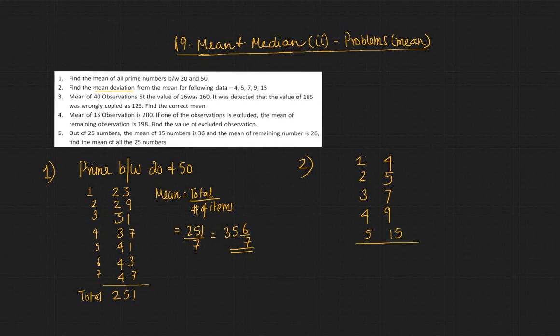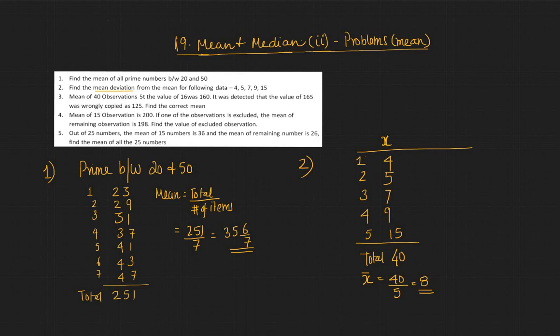Let's find the mean first. The total of all these numbers would be 40, and our mean, x bar, is the total 40 divided by the number of values, which is 5, so you have 8.